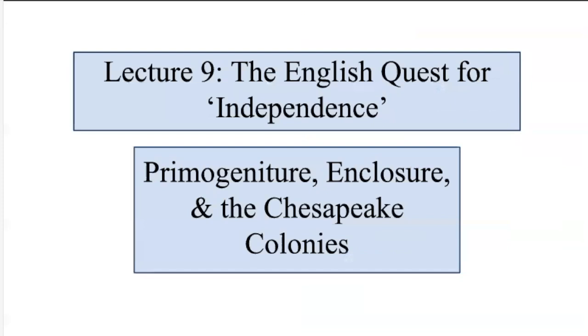I've given this first lecture in Module C the title, The English Quest for Independence, Primogeniture, Enclosure, and the Chesapeake Colonies. The word independence will show up frequently in American history from here to the end of 72A. But this is one of those word concept packages that we need to track closely.